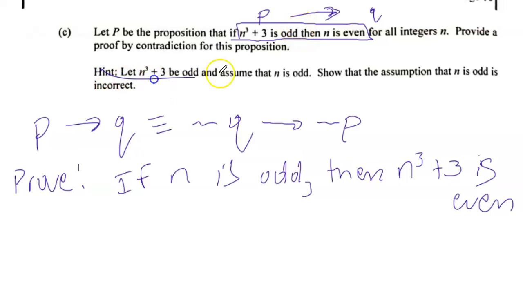Alright, so let me ignore this for now. This is what we're trying to prove. Let's switch this around and read from right to left. If n is odd, then n cubed plus 3 is even. Now, if we're going to prove this by contradiction, we just need to change one of them.